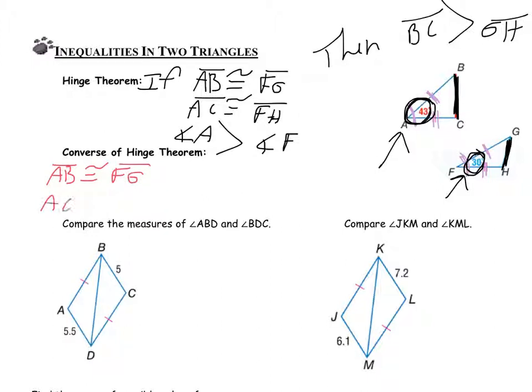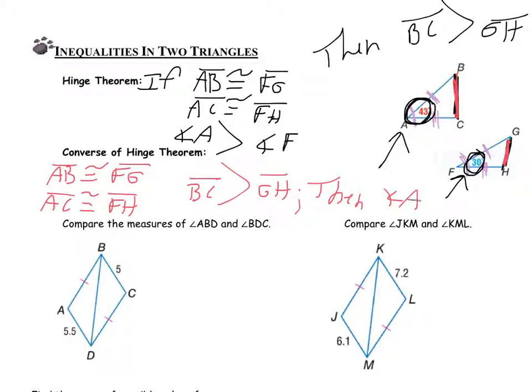and AC is congruent to FH, which are already pre-marked. Now in this case, instead of saying that the angles are larger, if we were to say that segment BC was greater than segment GH, again talking about these two angles, then we would make the statement that angle A is greater than angle F. So it's the flip-flop.